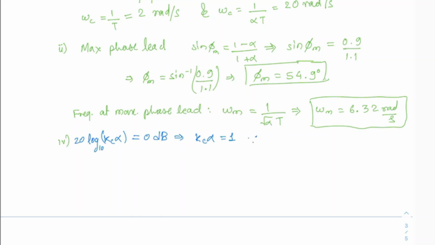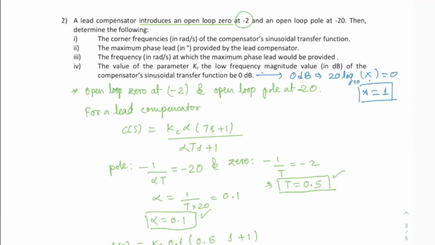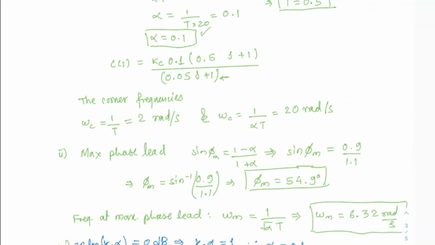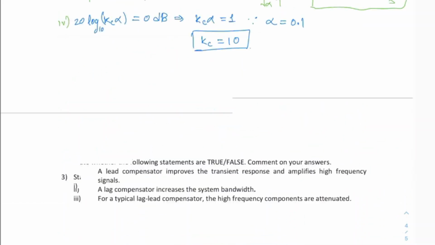And since alpha is equal to 0.1, Kc would become 10. So here also, using the specifications given by the pole, the 0, and the value of Kc, we are able to design this lead compensator C(s).